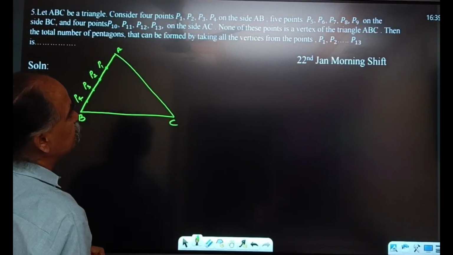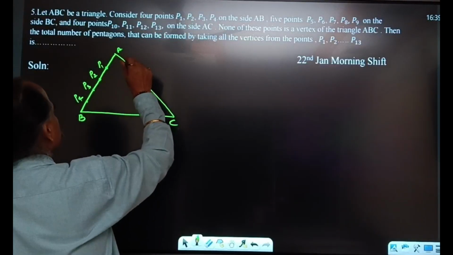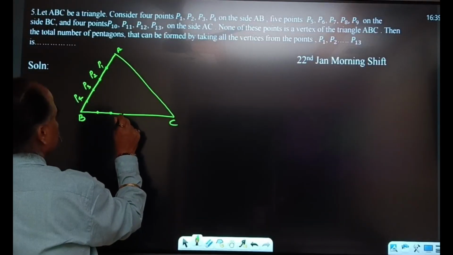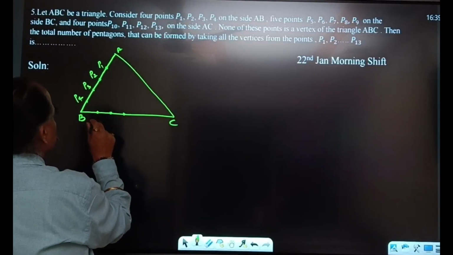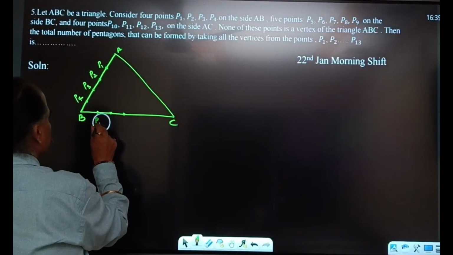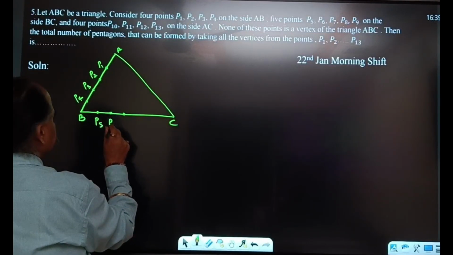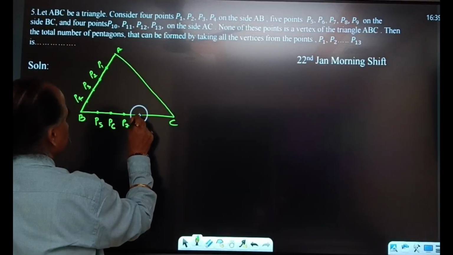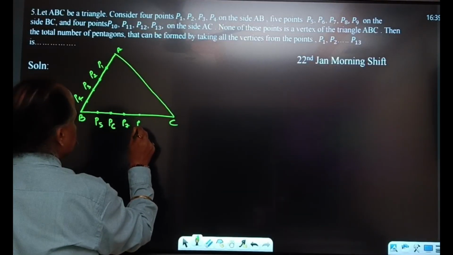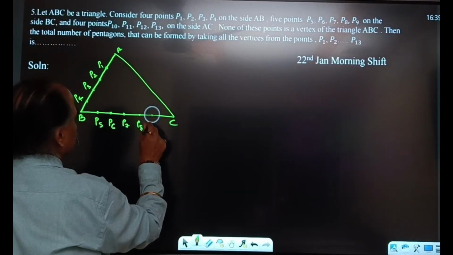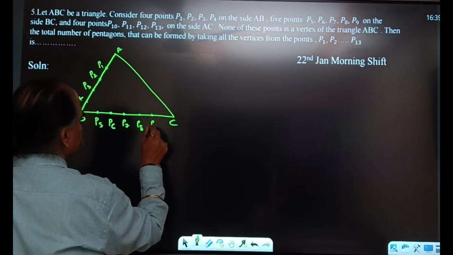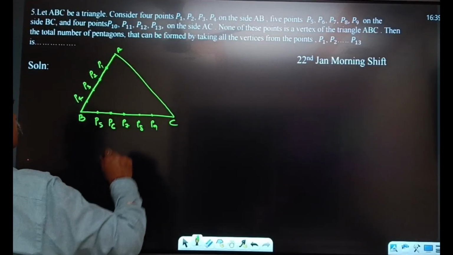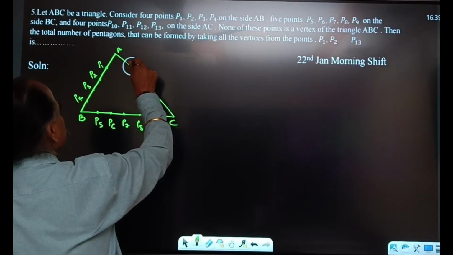And side BC contains P5 to P9, and P10, P11, P12, P13, 4 points here, on side AC.